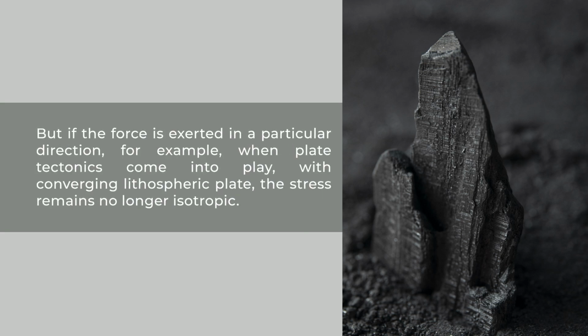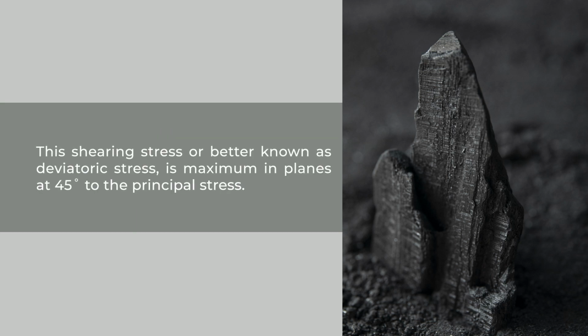But if this stress is in a particular direction, for example when plate tectonics comes into play with converging lithospheric plates, when two plates come and collide with each other, the stress no longer remains isotropic. In one direction the stress increases, and that is called the shearing stress, better known as deviatoric stress, and is maximum in planes at a 45-degree angle to the principal stress.